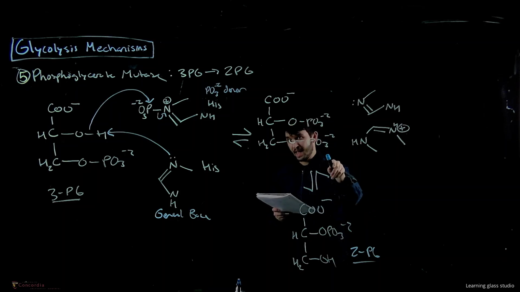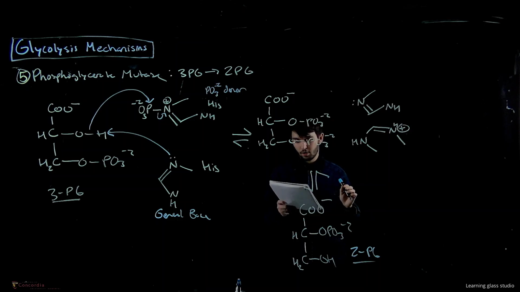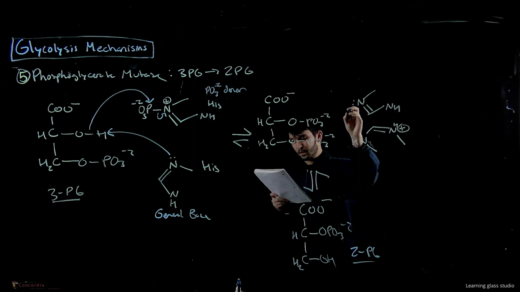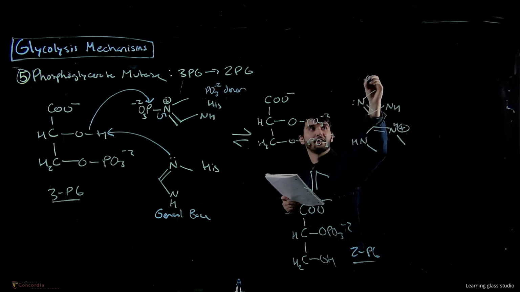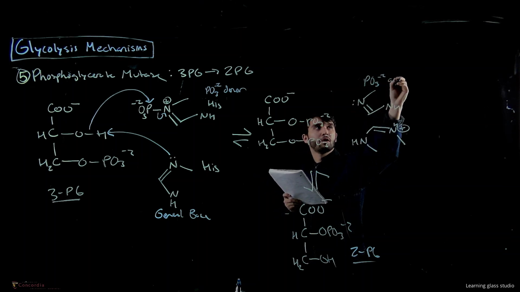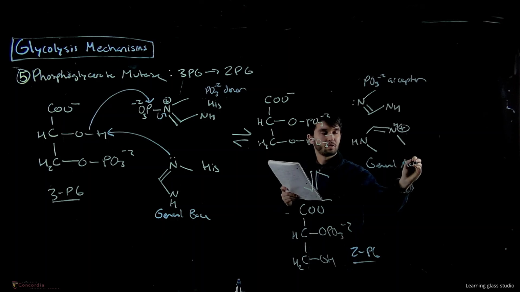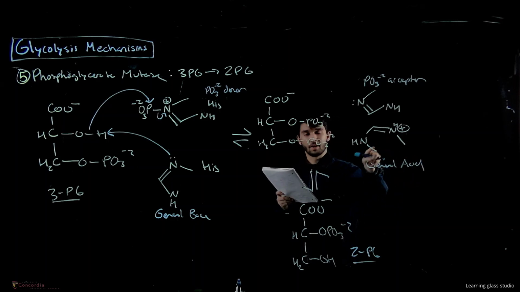So now we need to get it off carbon 3. So in order to do that, this nitrogen here is going to now act as a PO3 2- acceptor, and this will act as a general acid, which means that this is going to be a proton donor.